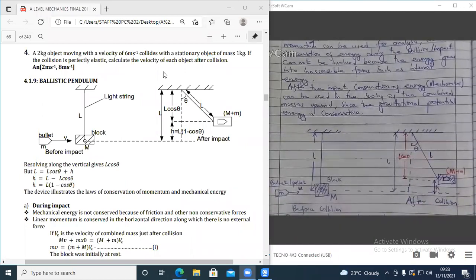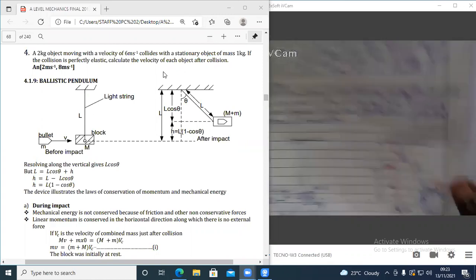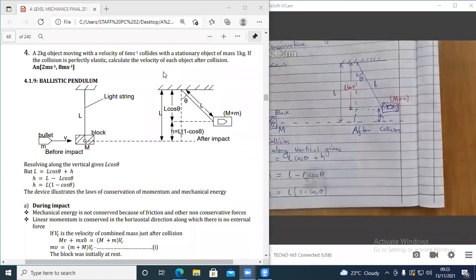That is what we call a ballistic pendulum. Kinetic energy is not conserved in the collision, but momentum is conserved.